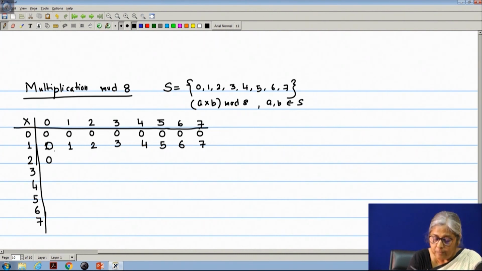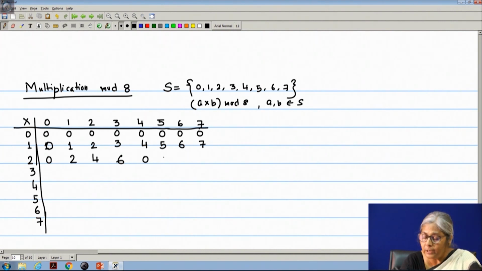Now for 2: it is 0, 2, 4, 6, then 2 into 4 is 8, and 8 modulo 8 is 0. 2 into 5 is 10, the remainder is 2; 2 into 6 is 12, the remainder is 4 when divided by 8; 2 into 7 is 14, the remainder is 6.